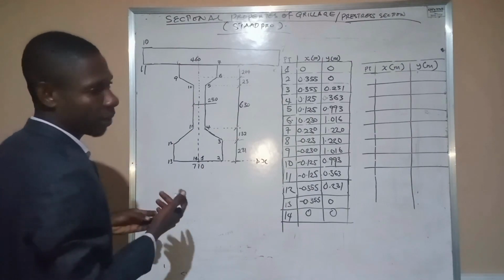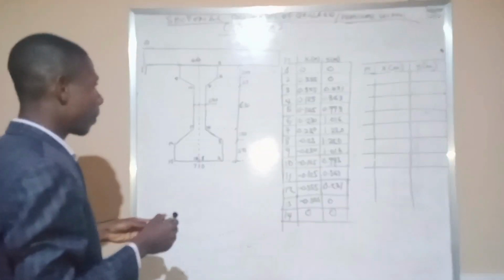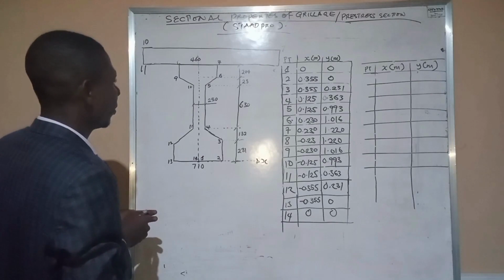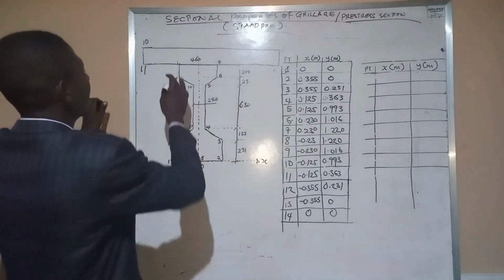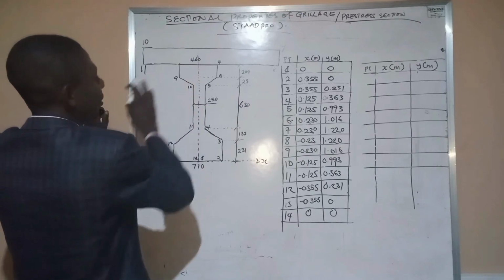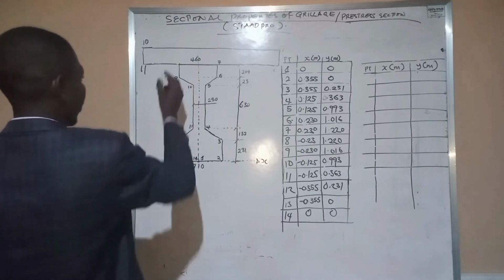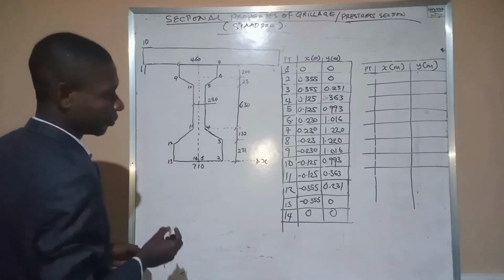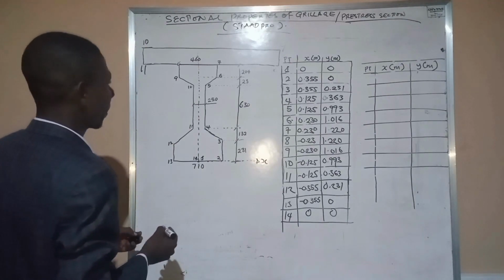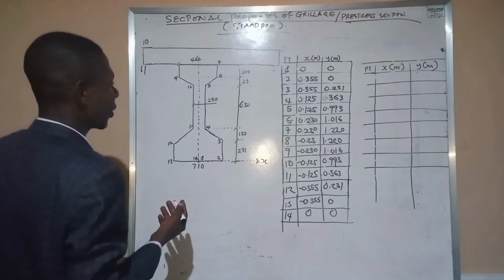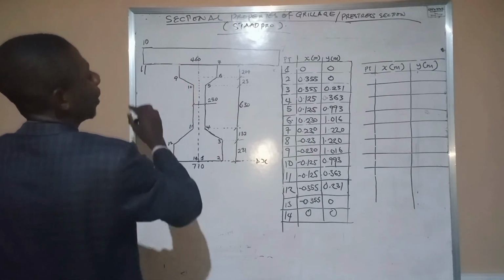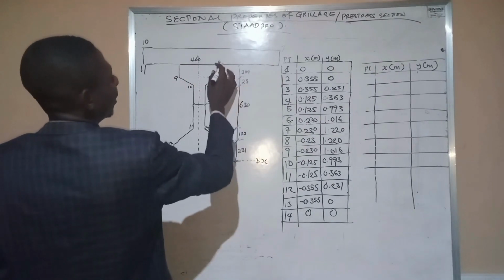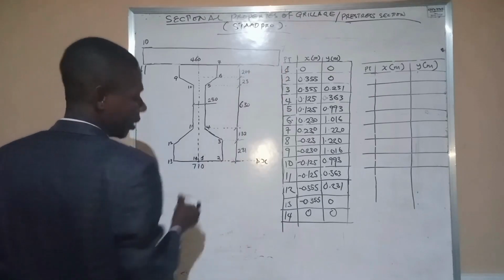Or better still, we can renumber or relabel them. Okay, we can leave 8 to be 8. Let's see if we can do it that way. We have 7 and 8 here. Okay, all right, let's just renumber them. So we'll strike out 8 here. Yes, 7 here becomes our 8.